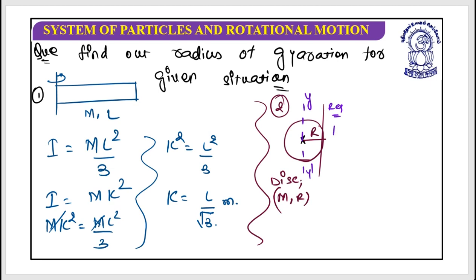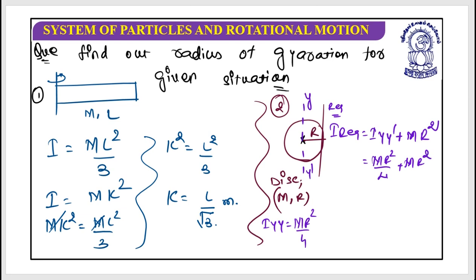So what I can do is, the required I is equal to I YY dash plus MD square, that is MR square in this case. For a disk, I YY should be equal to MR square by 4. So this is equal to MR square by 4 plus MR square, which is equal to 5 by 4 MR square.